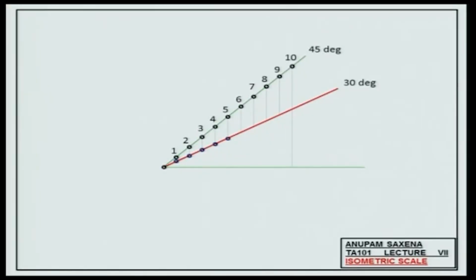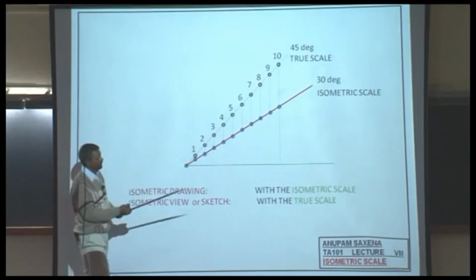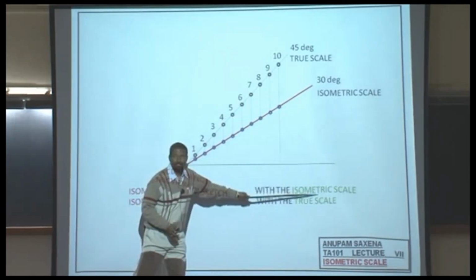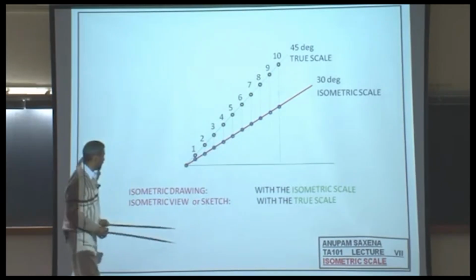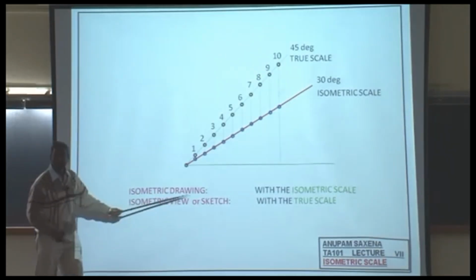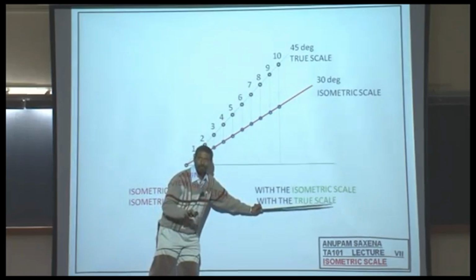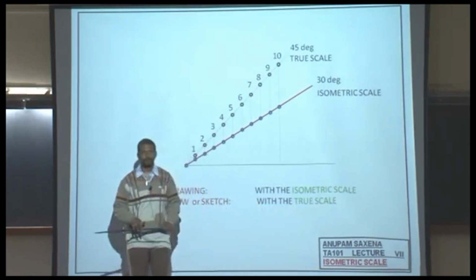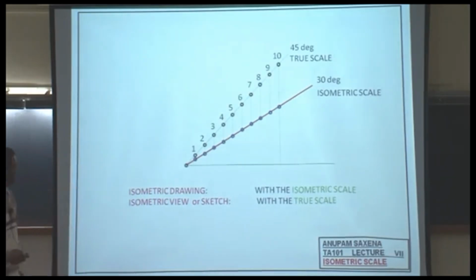So in your lab assignments and homework assignments, when I say isometric drawing, I want you guys to draw with isometric scale. When I say isometric view or isometric sketch, I would want you guys to draw isometric view but with true scale. So keep this in mind.